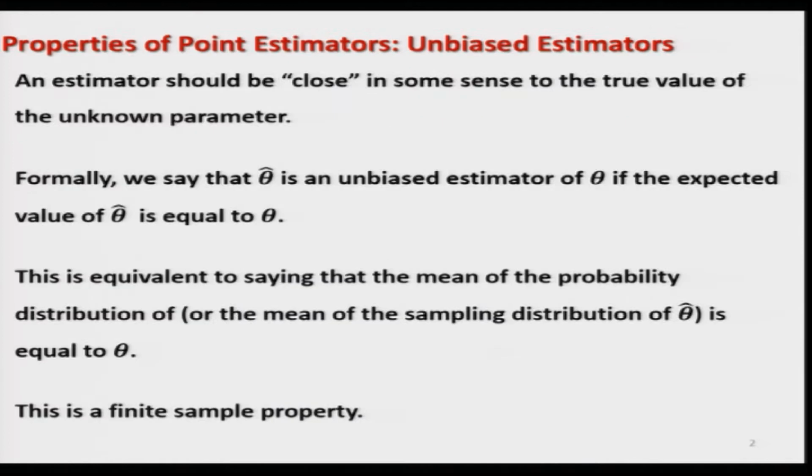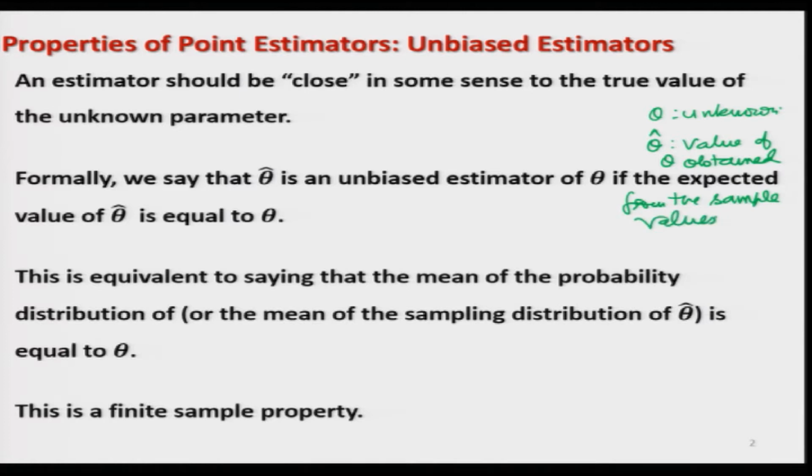Okay, so now, recall that you were trying to estimate an unknown parameter theta, and we had indicated by theta hat the value of theta obtained from the sample values, right, that you know.